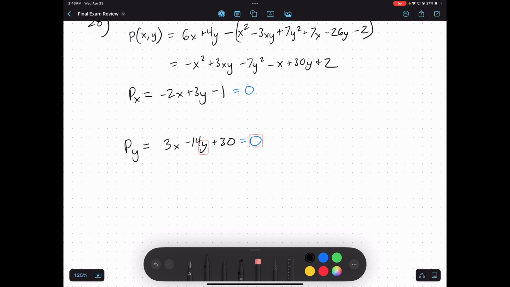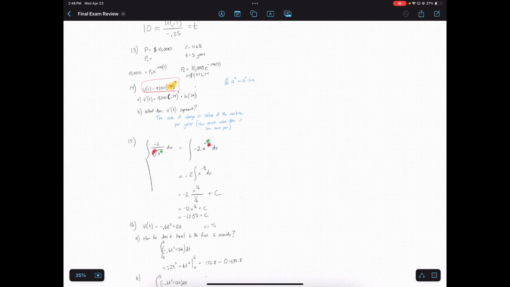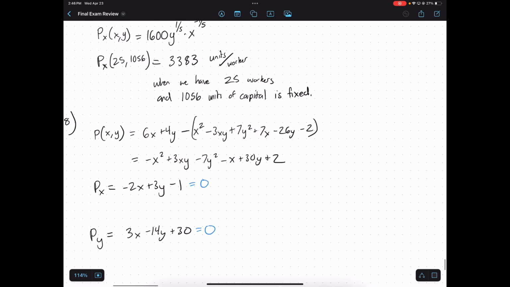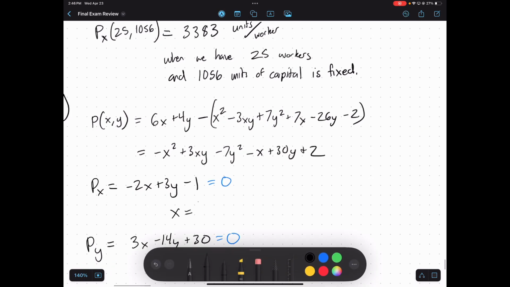So for this first one, you can solve for x and get x equals (3y minus 1) over 2.